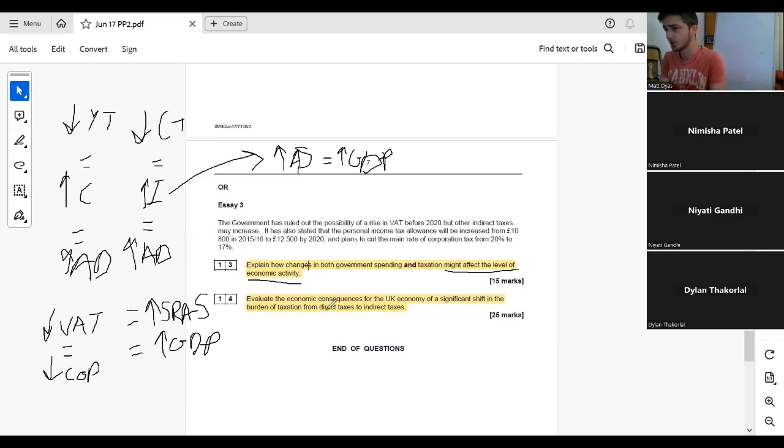So because restaurants are charged VAT, they pass that on to you in the form of higher prices. Because cigarette manufacturers are charged tobacco duties, they pass that on to you in the form of higher prices. So the consumer pays it indirectly, which is why it's called an indirect tax. But technically, it's not a tax on the consumer, it's a tax on the producer.